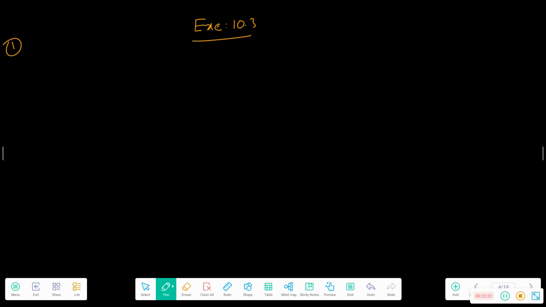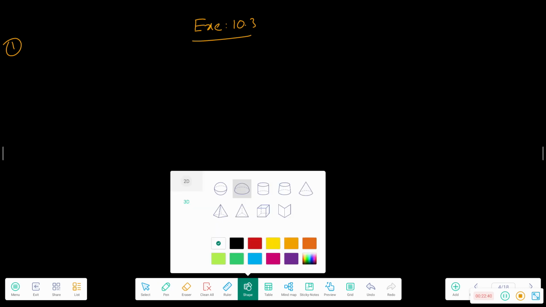An iron pillar consists of a cylindrical portion of 2.8 meter height and 20 centimeter in diameter, and a cone of 42 centimeter height is surmounting it. So there is a cylinder. Now let us see the diagram.